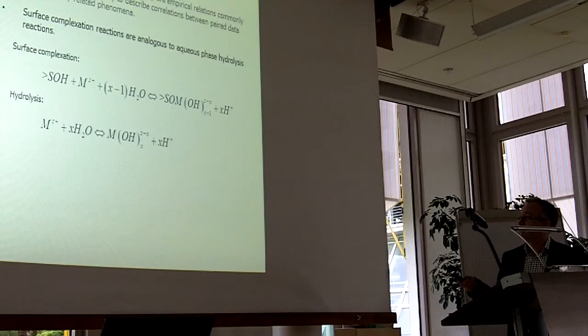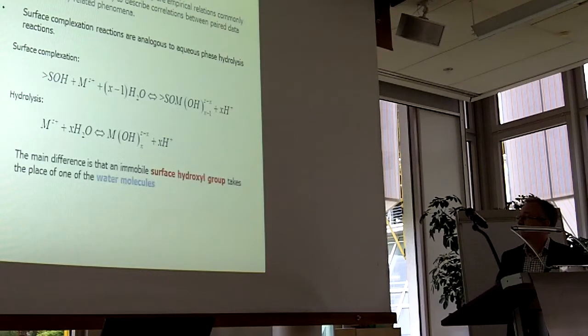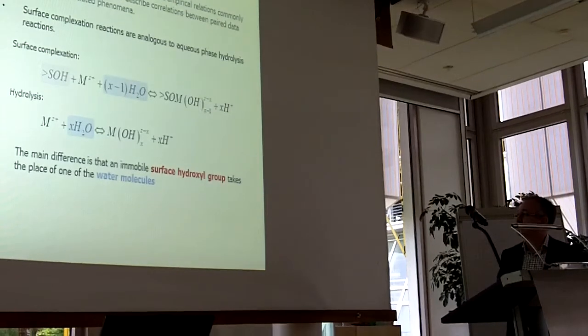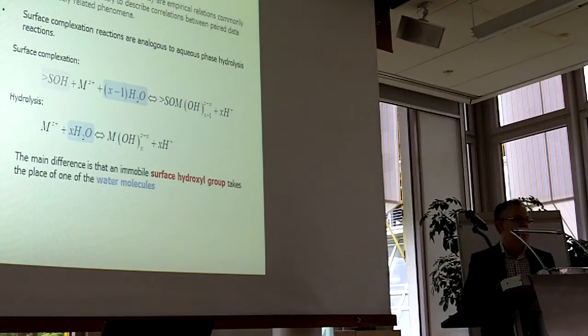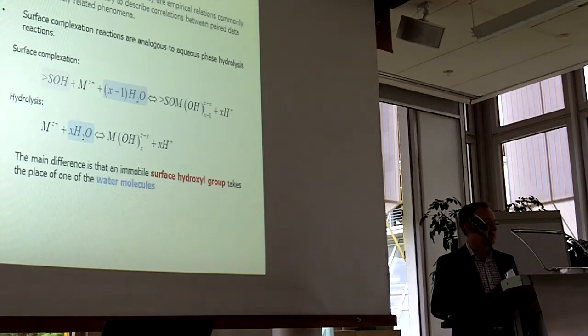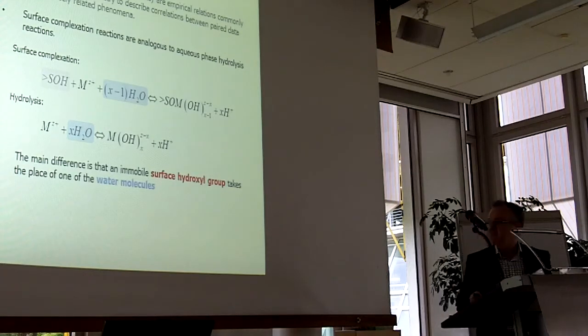As you can see here, we have a surface complexation reaction and a hydrolysis reaction. And the main difference is that an immobile surface group takes the place of one of the water molecules in the reaction. So there's a very strong chemical analogy there that we're using.